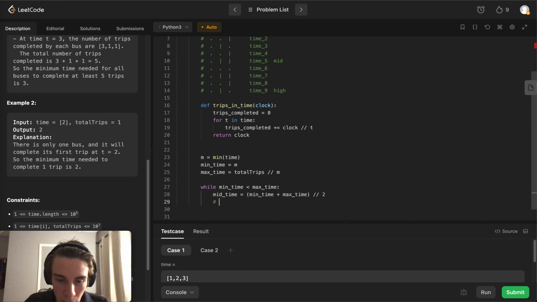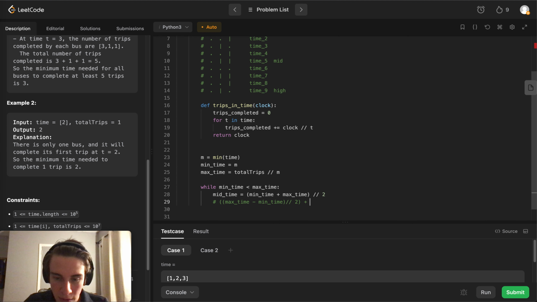So the other way to write this would be max time minus min time. So there you're getting like the range, and then you would say divided by 2, and then you would wrap this whole thing in parentheses.